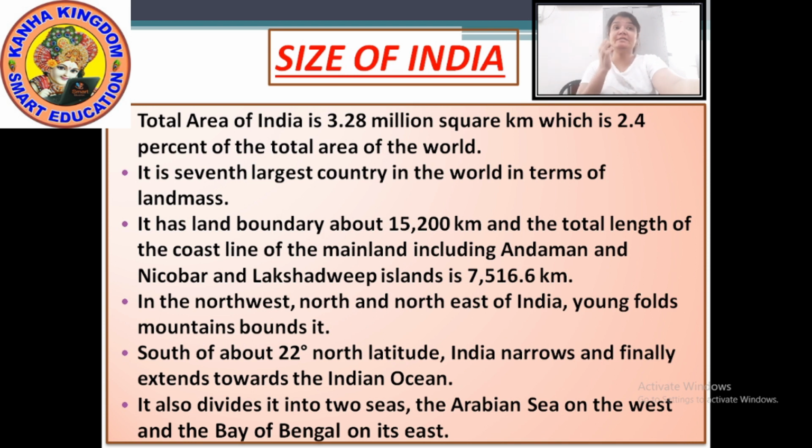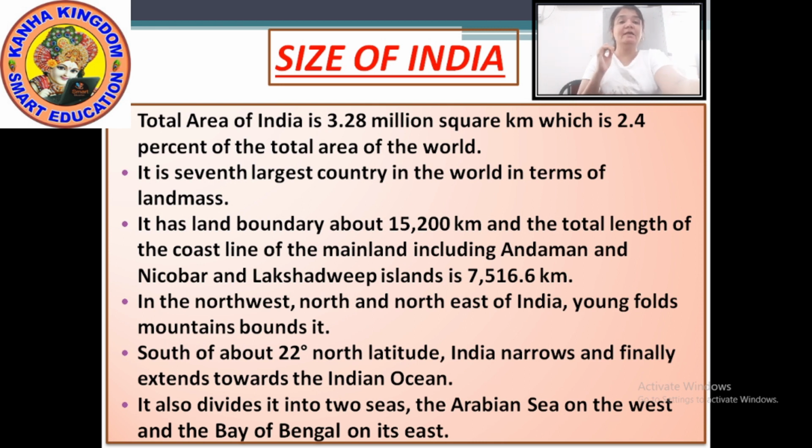And next, if you see horizontally, the distance 3,214 which we saw was the vertical distance, from the extreme north to extreme south. Now moving to the horizontal direction, that is from west to east, from extreme west to extreme east, the distance is 2,933 kilometers.